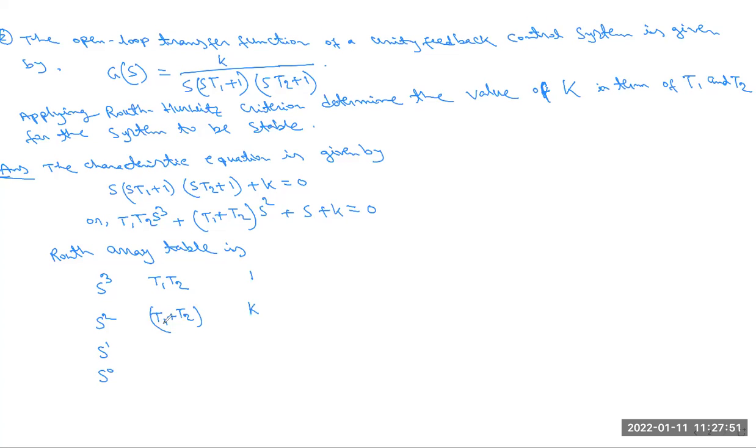We have to take this one into 1 minus this one into this one, that is K, total divided by this one.